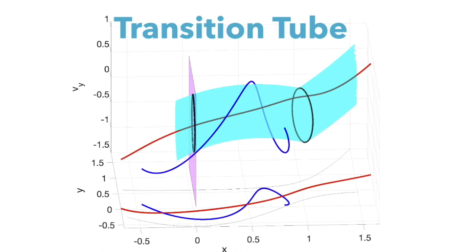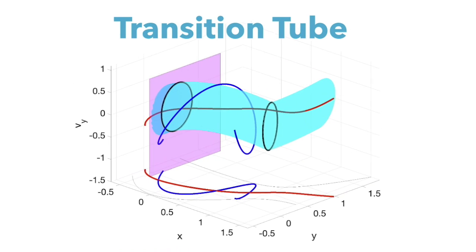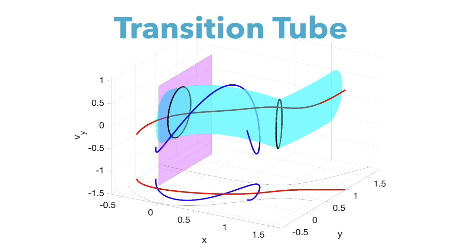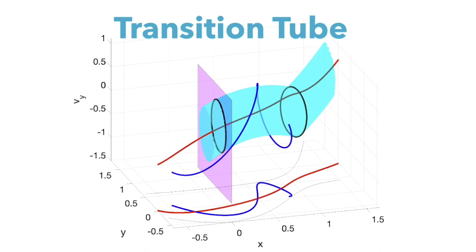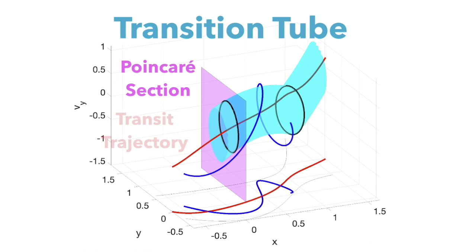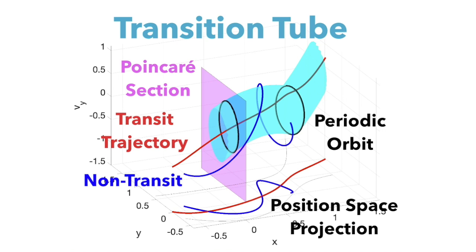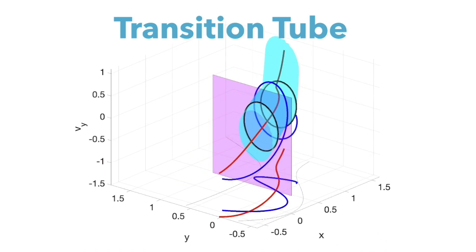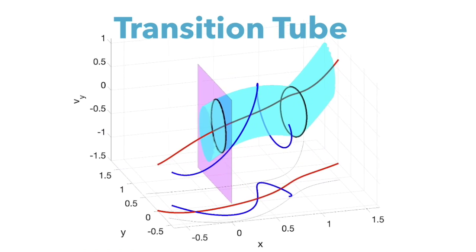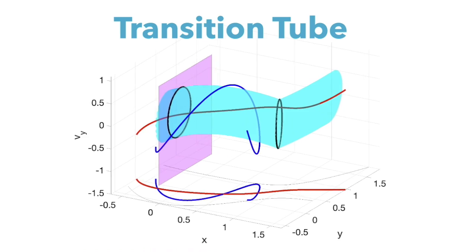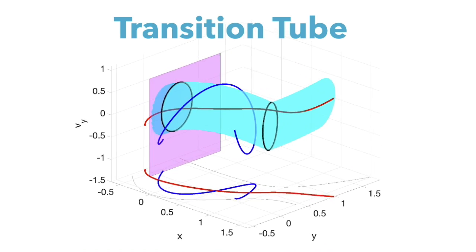So this is another view just showing the transition tube and 3 of the phase space variables. And we often look at, on the Poincare section, that's where we pick initial conditions for, say, a transit and a non-transit. You can see what these do. Projected down onto the position space, the transit orbit seems to go right through this neck around L2, but the blue one is bouncing back.